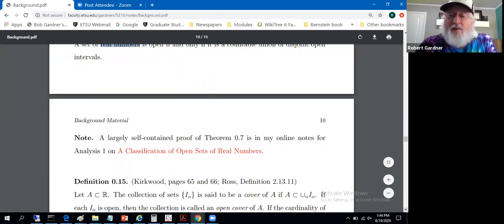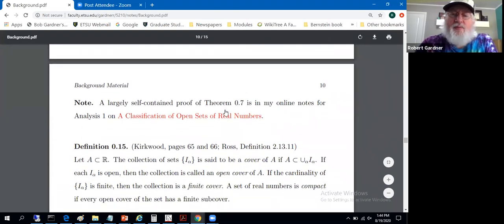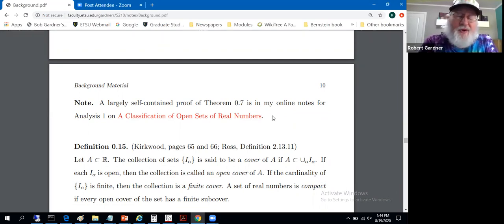A largely self-contained proof of theorem 0.7 is in my online notes for analysis 1. So I've got a proof of that set up with pretty much all of the background in there. Get it in your head at the very least. A set of real numbers is open if and only if it is a countable disjoint union of open intervals, which tells you there's something really fundamental about open intervals when it comes to a conversation about open sets of real numbers.